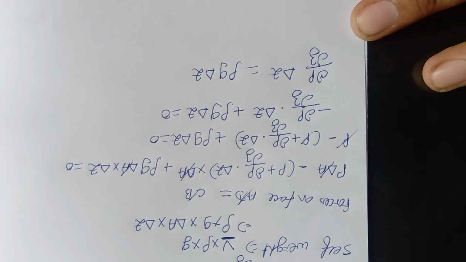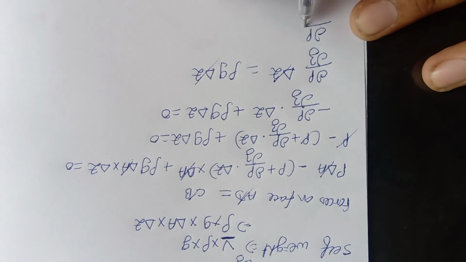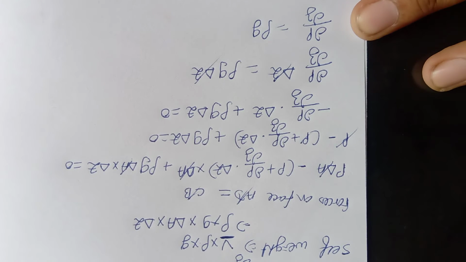Delta Z gets cancelled, so dou P by dou Z is equal to rho G. But what is rho G?